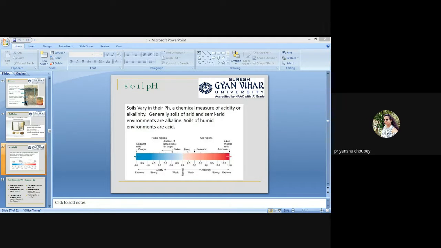Soil pH and nutrient availability. Soil pH is the master variable influencing the availability of plant nutrients.